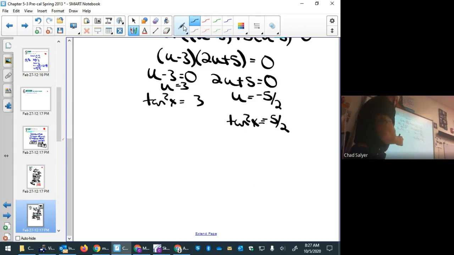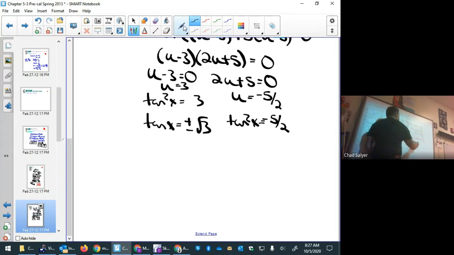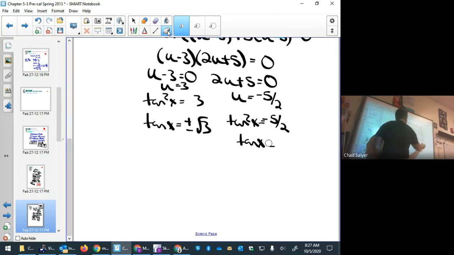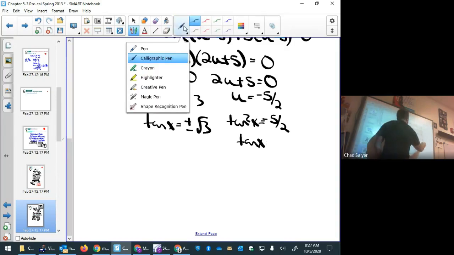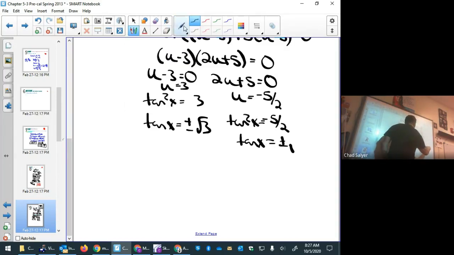The intermediate step in both cases: the tangent of x is plus or minus the square root of 3, and the tangent of x is plus or minus the square root of negative 5/2.